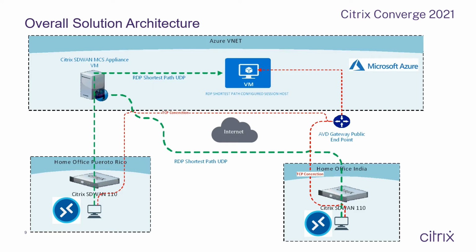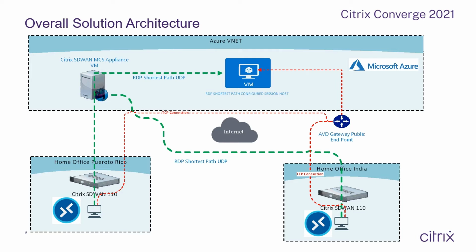It provides deep visibility into the traffic, including RDP, SDX, and Microsoft Office 365, and proactively addresses any network issues that arise. For Azure Virtual Desktop users, it also provides granular prioritization of the RDP traffic.